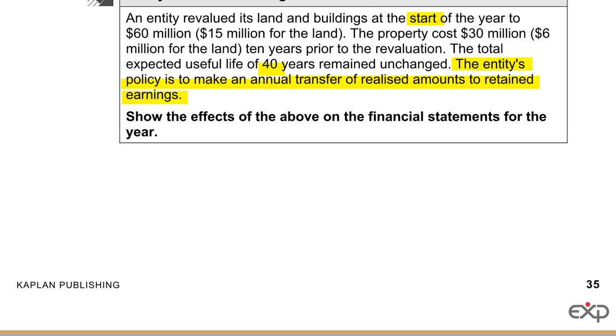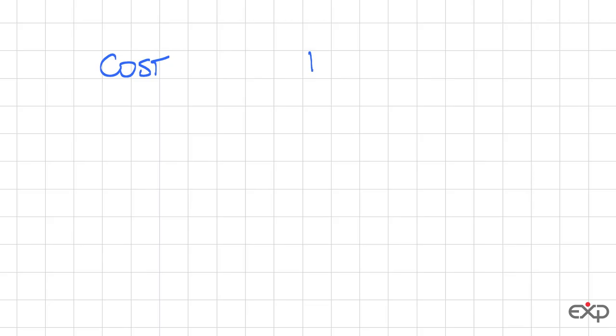Now, remember, we've done this at the beginning of the year. So what we're told in the question, first of all, is at the beginning of the year, we revalued our land and buildings from 30 to 60. So what does this look like if we're looking at the workings? Well, I'm just going to break down land and buildings here because obviously land is not depreciated and buildings are.